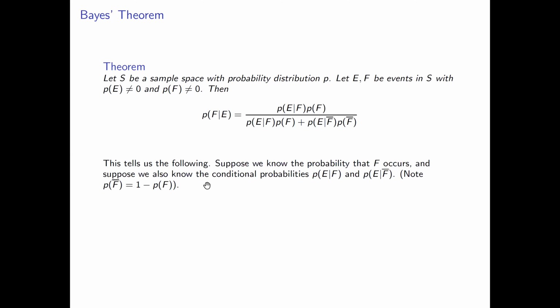One thing to point out is you could raise the issue, well, there's also the probability of the complement of F that appears in this formula, but remember that as long as I know the probability of F, I can calculate the probability of the complement of F just using this identity over here, right? So if we know the probability of F, we also know the probability of the complement of F. And so if we know these three pieces of information, Bayes' theorem tells us that this is enough to calculate the probability of F given E, or to calculate the conditional probability on the left-hand side.